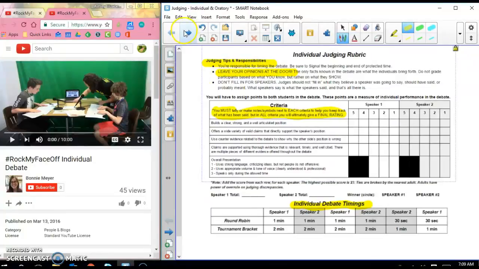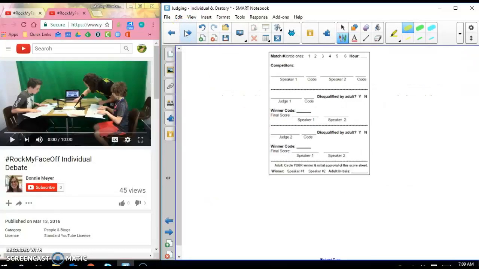The second thing we've added is that every time a round ends, you are going to be given a little sheet that looks like this by an adult nearby. If that adult, who has been listening to the debate, feels that your judging is not up to par, that it wasn't done with quality, that you weren't paying attention, or maybe you were skewing your vote and voting for a friend instead of a clear winner, it is possible for you to get disqualified by that adult.